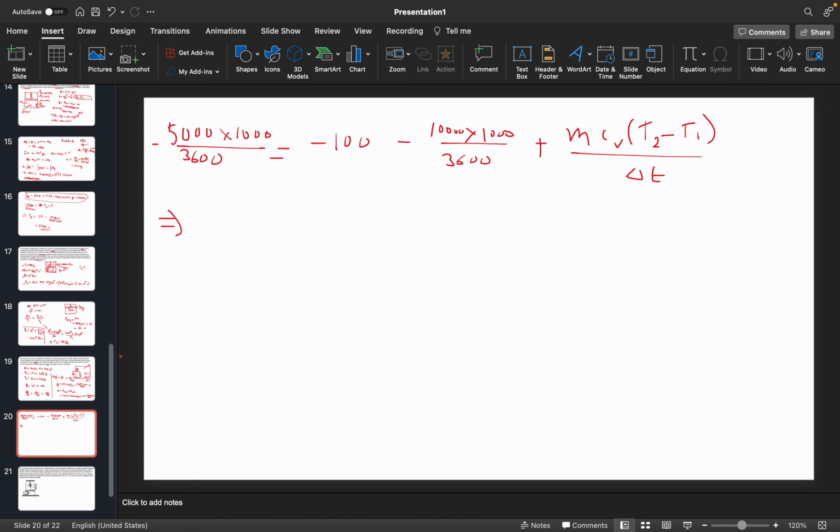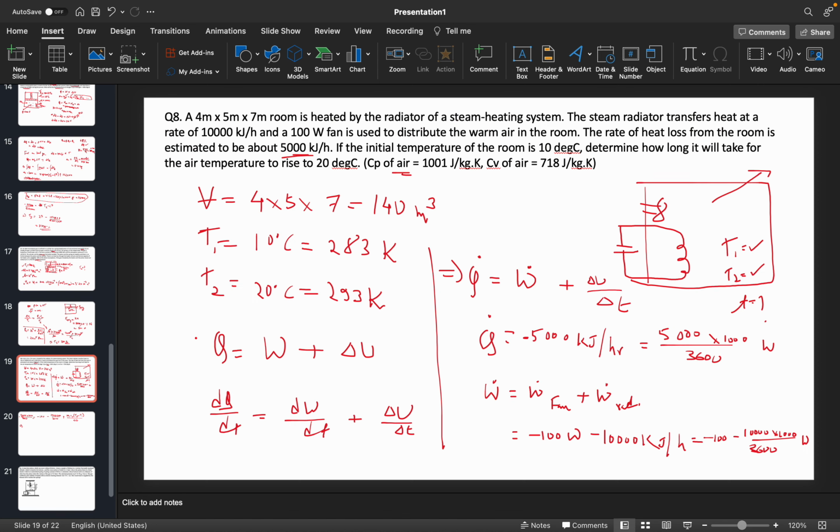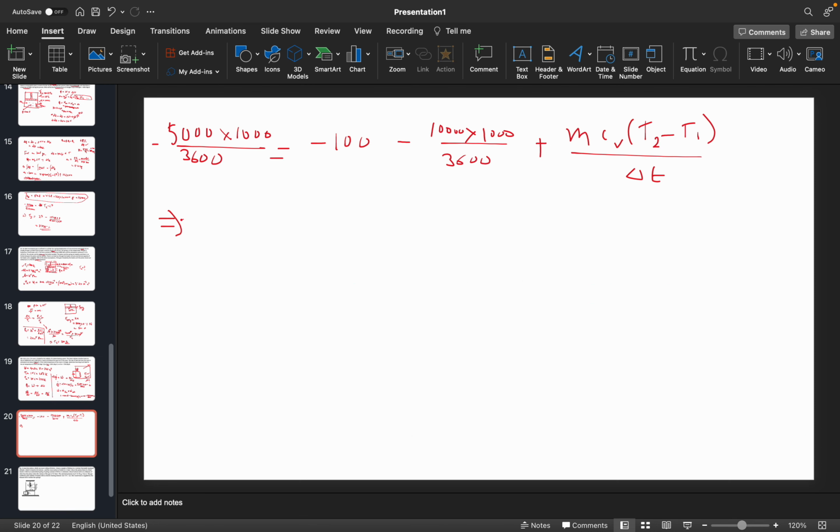Okay, let me summarize something. Am I missing some term? Have we calculated the mass? No, we have not calculated the mass yet. So we can calculate the mass from P1 V1 by R T1. Now if you have attended the classes, I think this has come to your part.